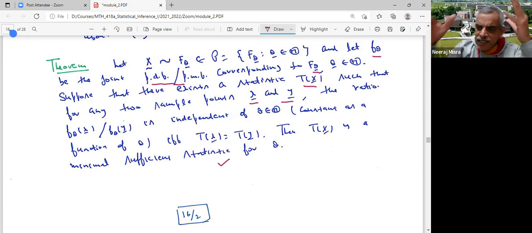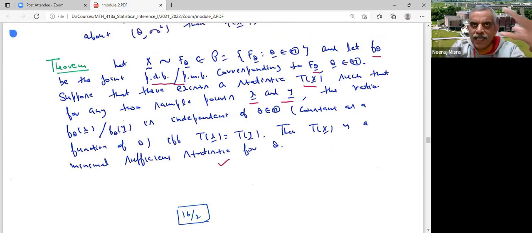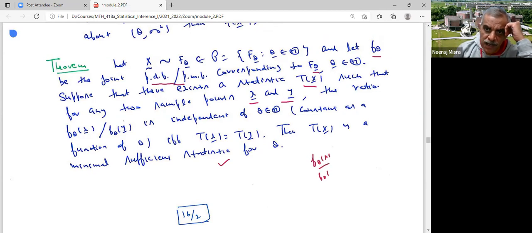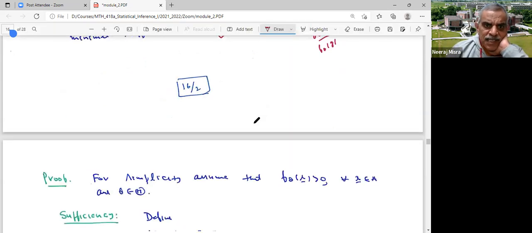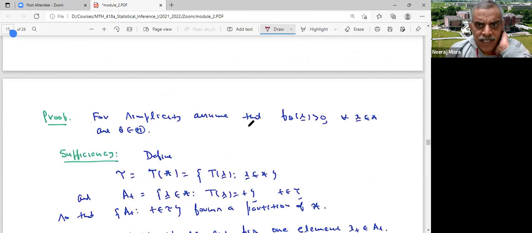So how do you find a minimal sufficient statistic? For any two arbitrary sample points, you look at f theta(x) upon f theta(y). If this is independent of theta if and only if T(x) equals T(y), then you say that T is minimal sufficient. The proof is not difficult.